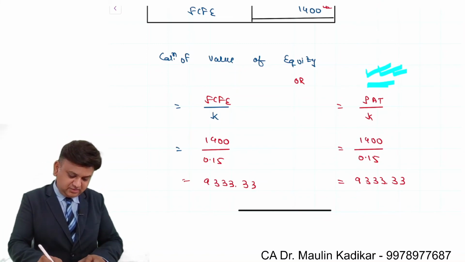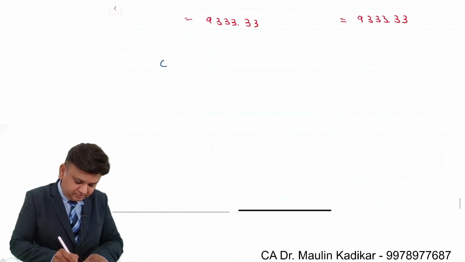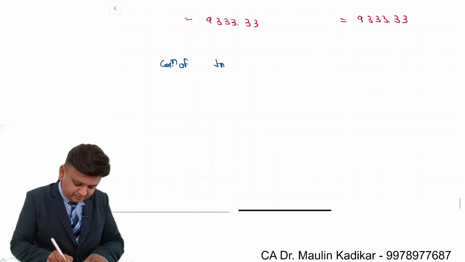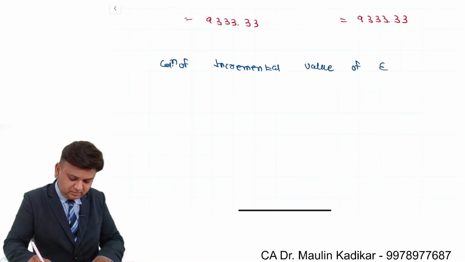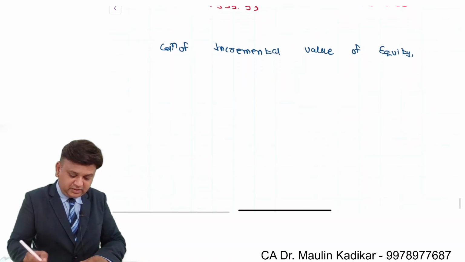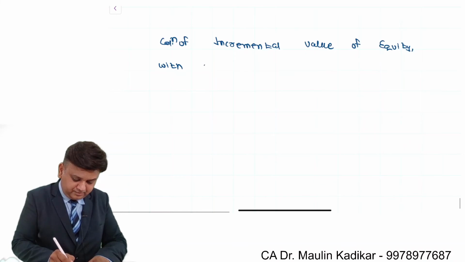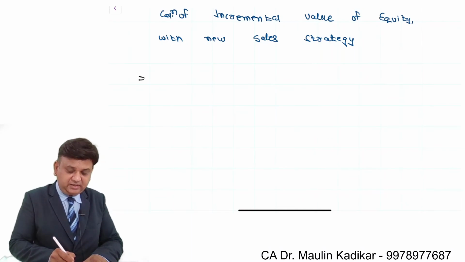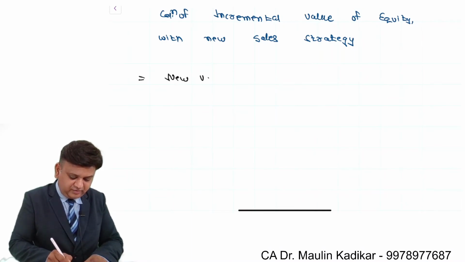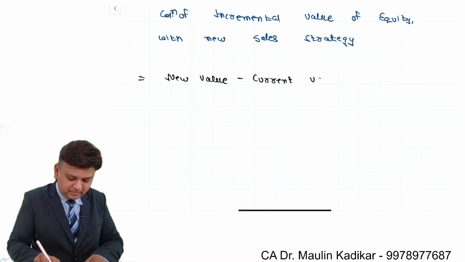Now the final answer is calculation of incremental value of equity with new sales strategy. In that we understand new value minus current value.